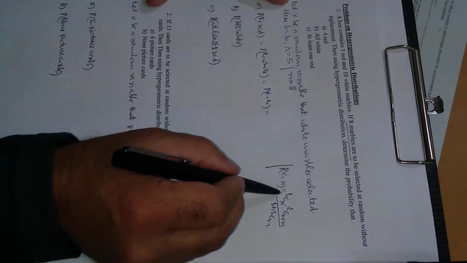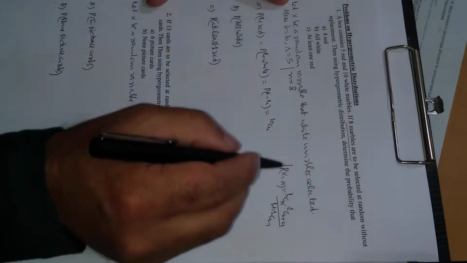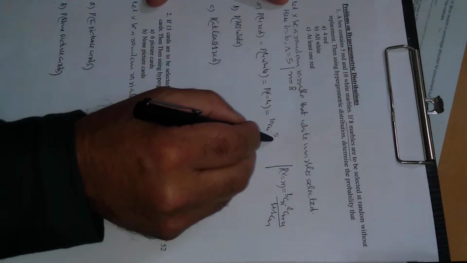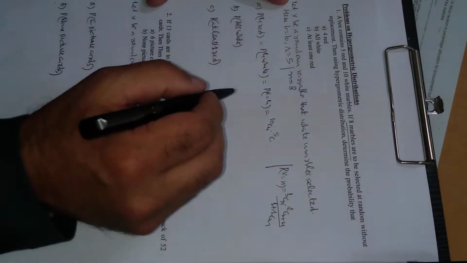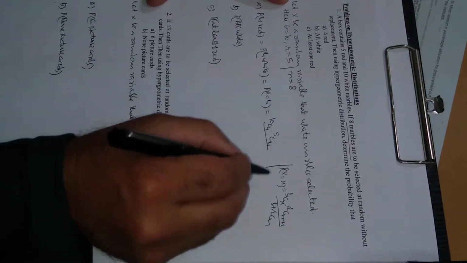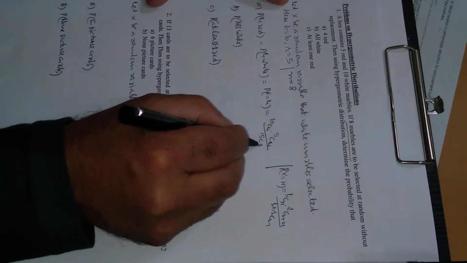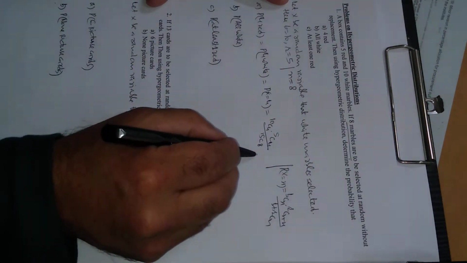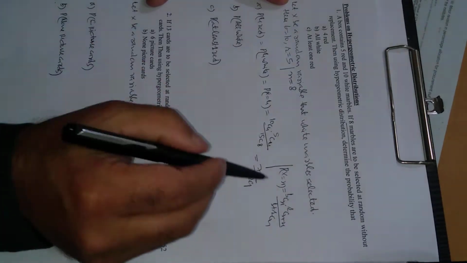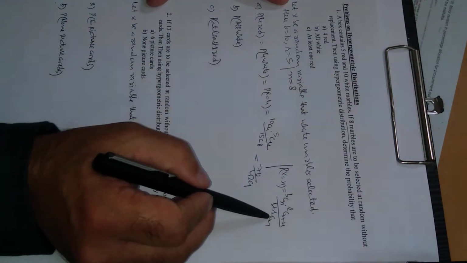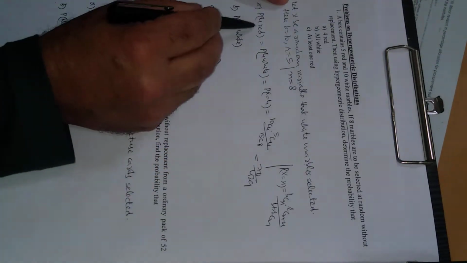Now use this formula. b is 10, so 10C4. r is 5, so 5C(8 minus 4), 8 minus 4 is 4, divided by b plus r, which is 15, C8. On simplification this will come out to be 70 upon 429. Just substitute the values of b and r into this formula. So this is the probability of 4 red.